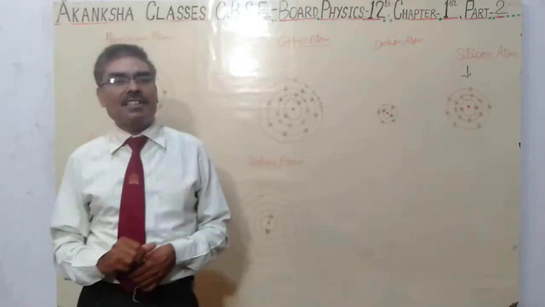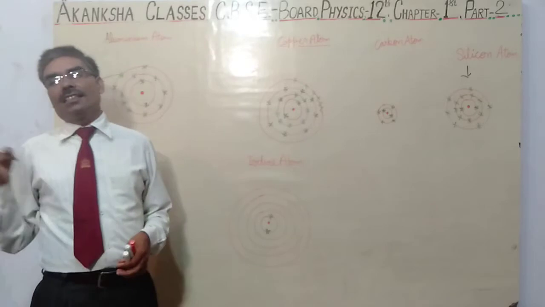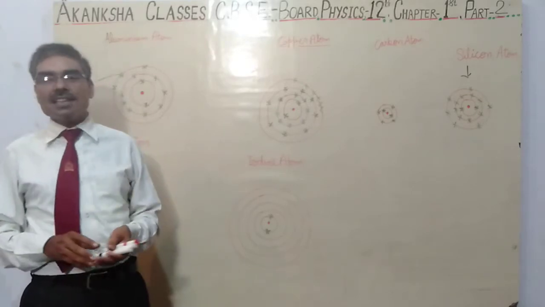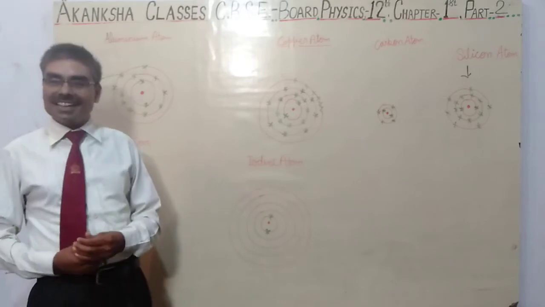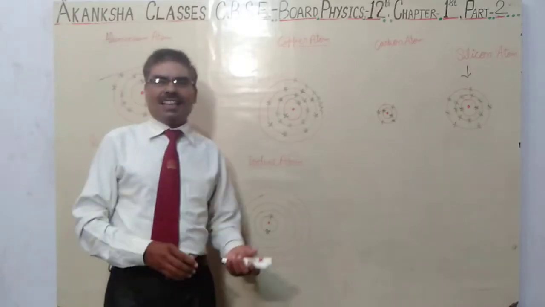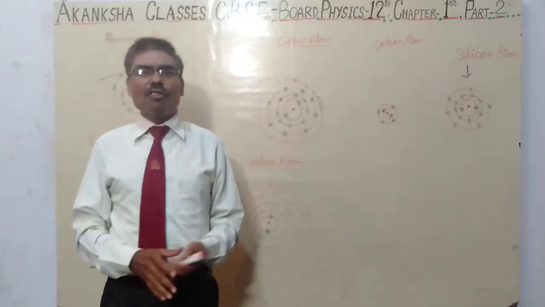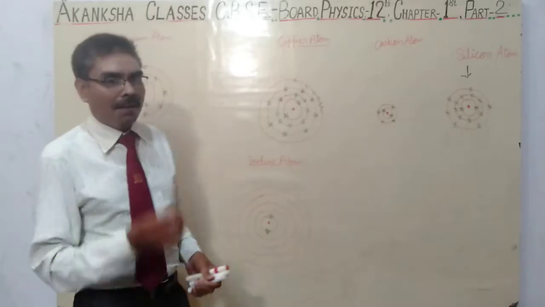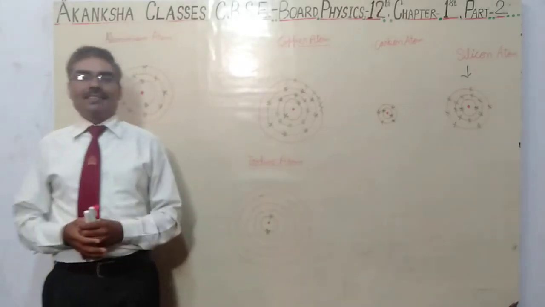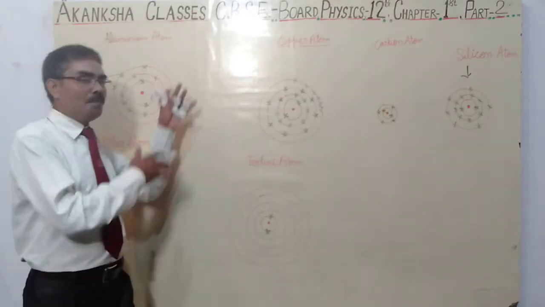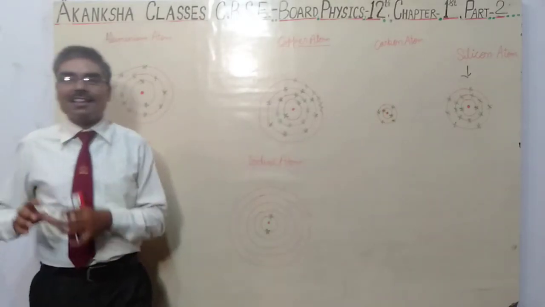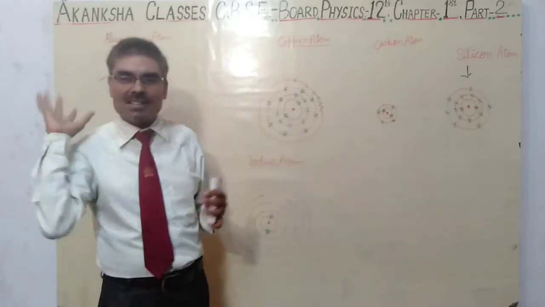Thus, there are 3 categories of substances on the basis of conductivity. Number 1, we have studied insulators, which don't allow electricity to pass through them at all. The middle group is known as semiconductors, which allow electricity to pass through them but not fully, only partially.